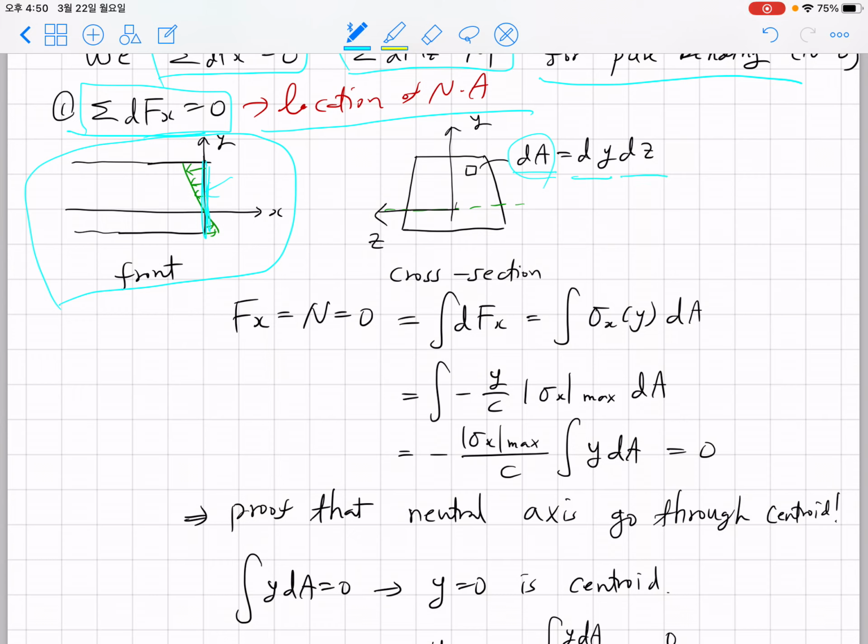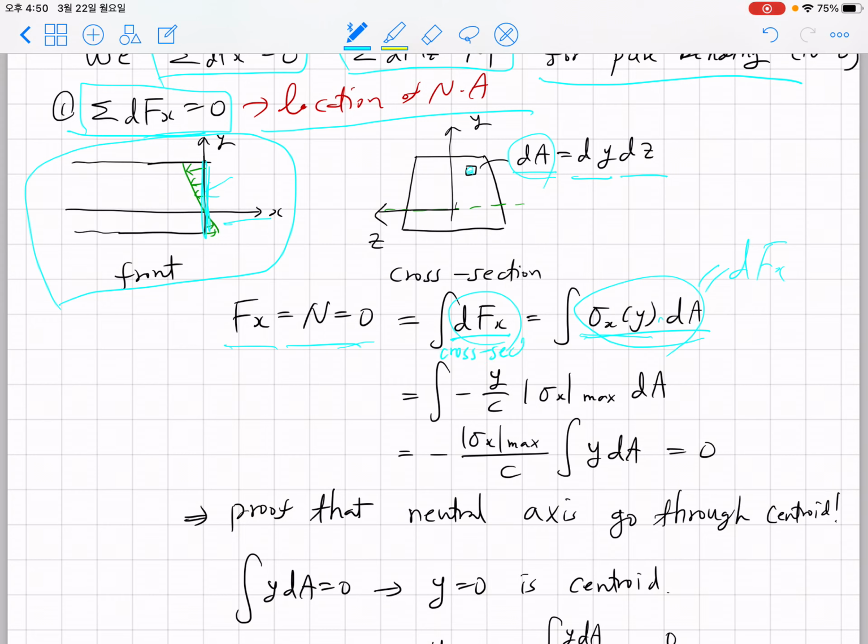To satisfy the force balance in the x direction, if you integrate this infinitesimal force over this infinitesimal area for the entire body, it must integrate to 0. And how to obtain this dF x? We already have the expression for sigma x in terms of y, and you multiply sigma x by dA, this corresponds to dF x, and you have to consider summation over the entire cross section.